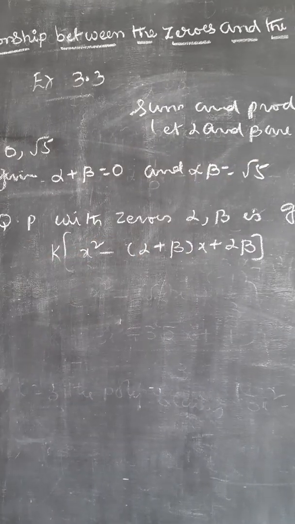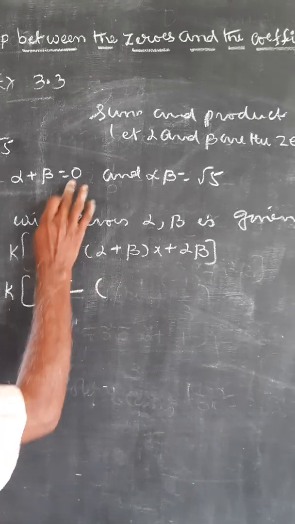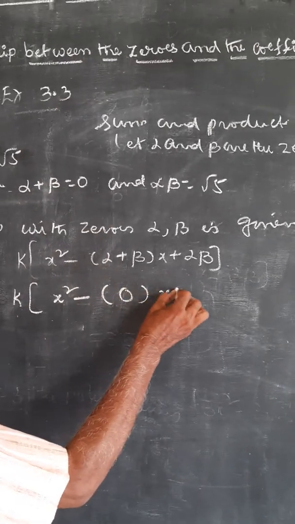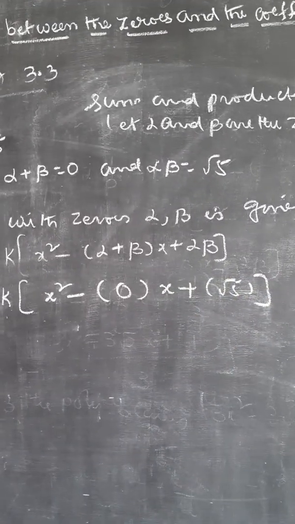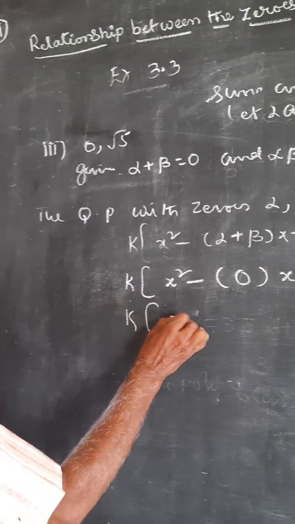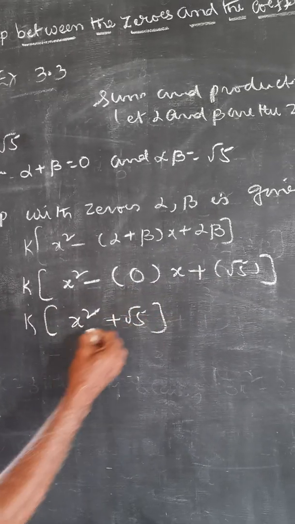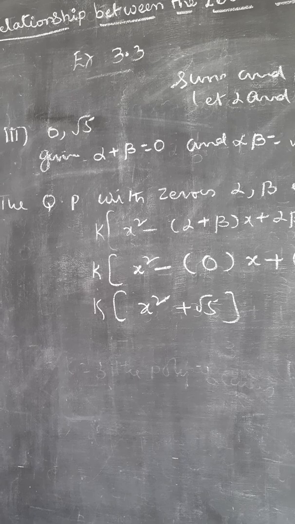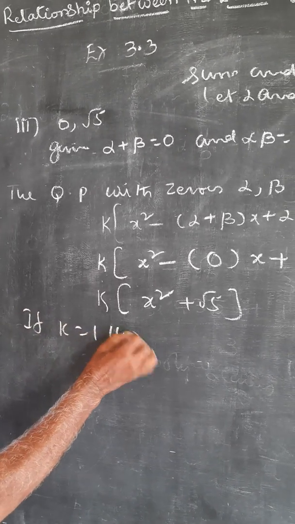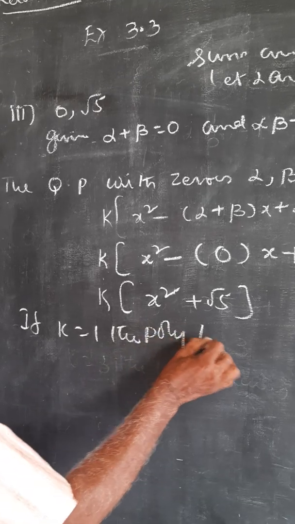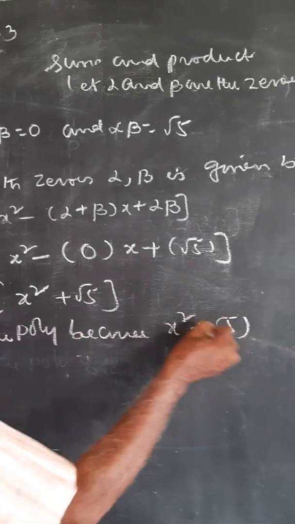Substitute the values in the formula: k[x² − 0x + root 5], that is kx² plus root 5. Here there is no denominator, so I take k value 1. If k is equal to 1, the polynomial becomes x² + root 5.